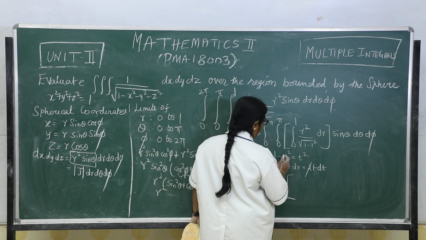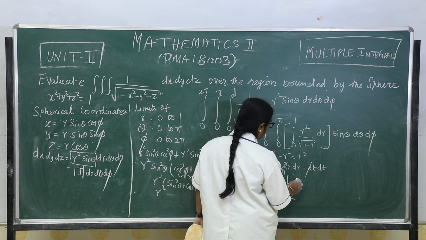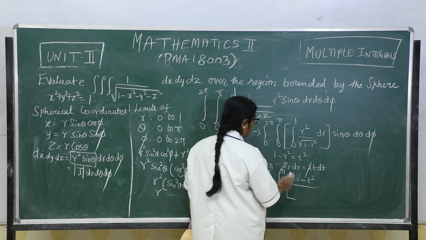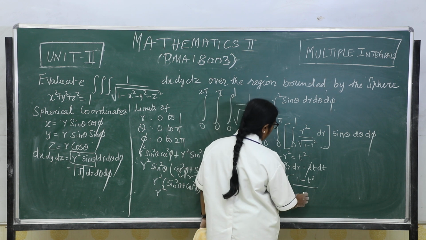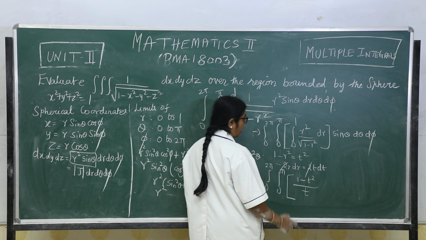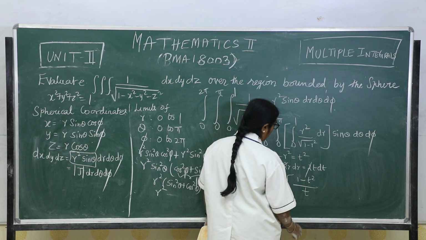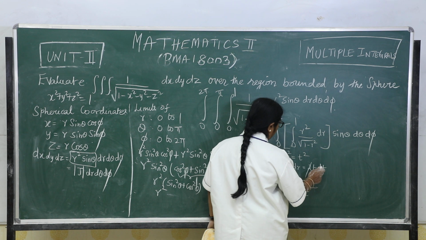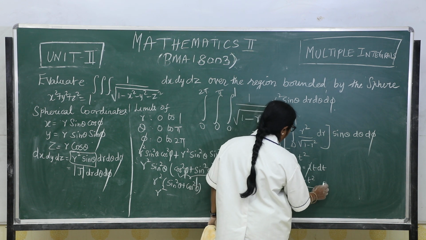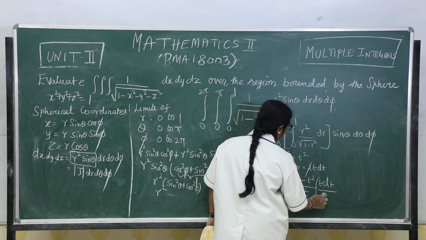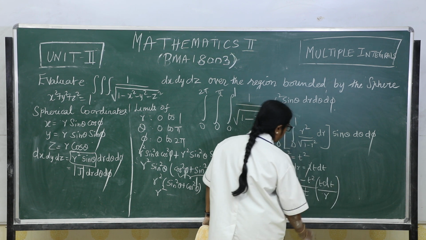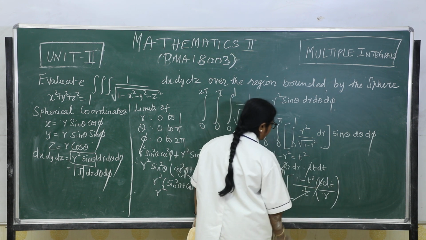So, you get r squared is equal to 1 minus t squared, divided by square root of 1 minus r squared, which is t, and then r dr can be written as t dt, so these two get cancelled.